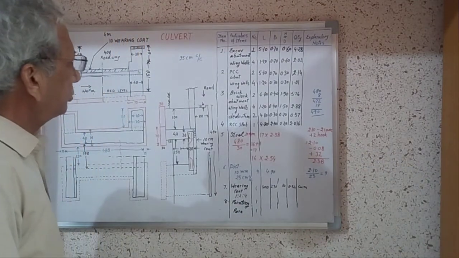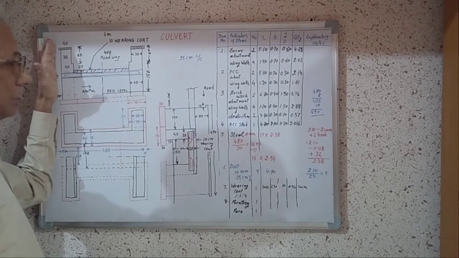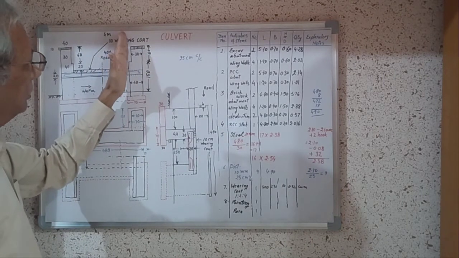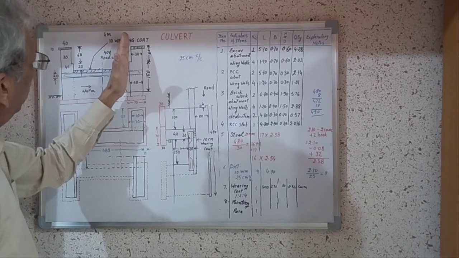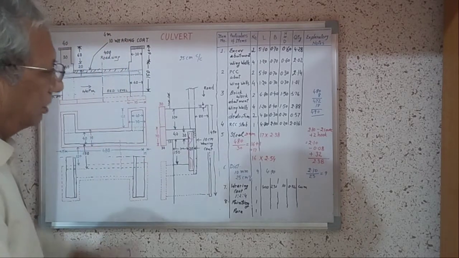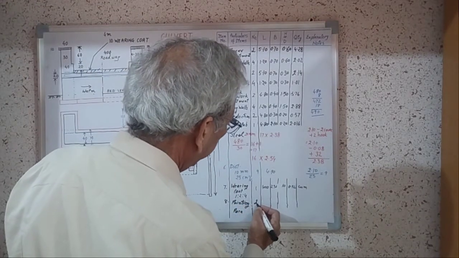Now where will we do the pointing? On this face and on this face. There are 2 number of faces, and also inside on this face of the parapet and on this face of the parapet. Here pointing we will do on 2 faces.